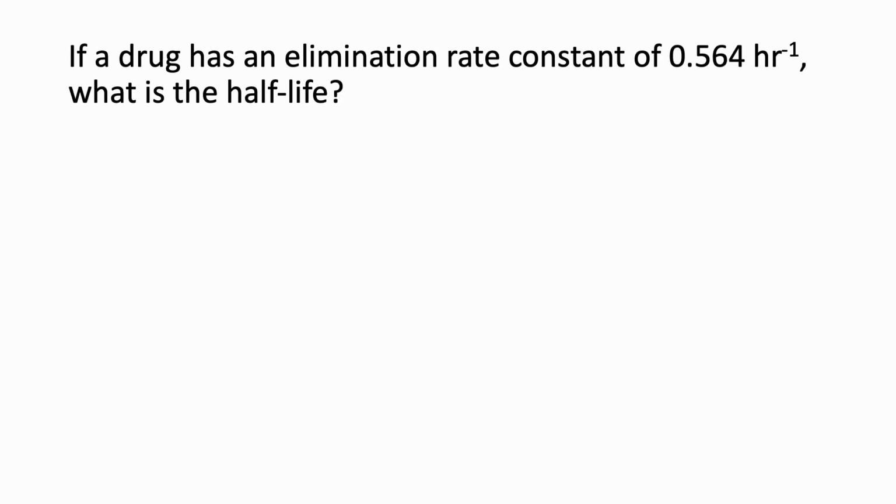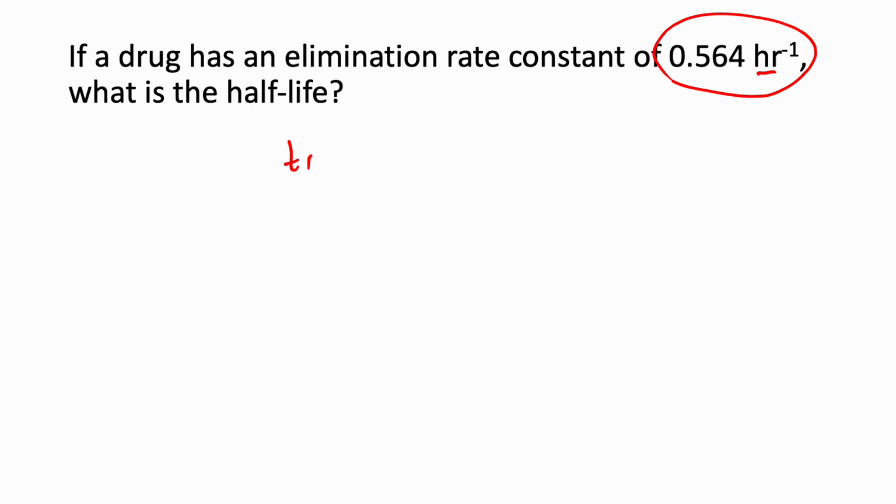Question. If a drug has an elimination rate constant of 0.564 per hour, what is the half-life? It's similar to the previous question. The data here, with the unit of inverse hour, tell you that the drug follows first order kinetics.